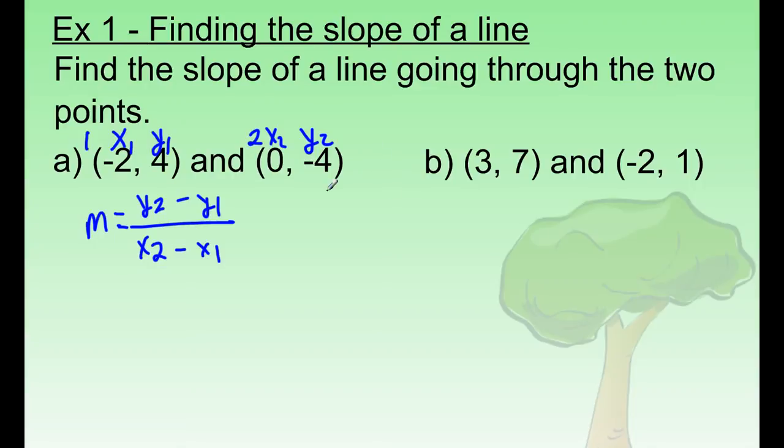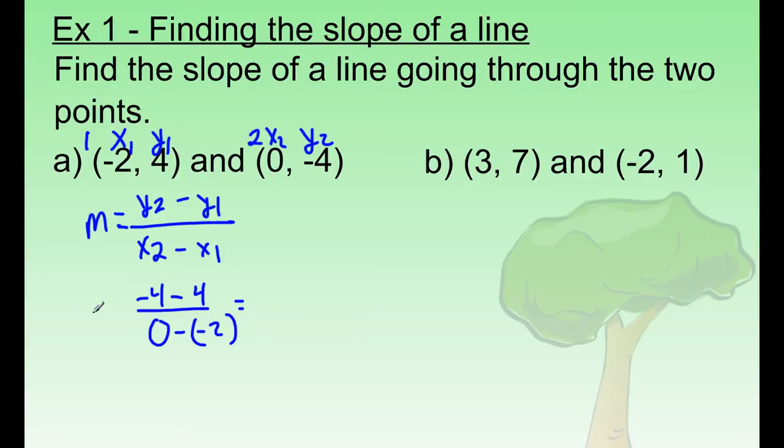Now all you do is you take and you plug these points in to the formula. So y2 is negative 4, y1 is 4, x2 is 0, x1 is negative 2. And yes, you do still need the minus negative 2. So it's a minus here, and it's a negative 2 there.